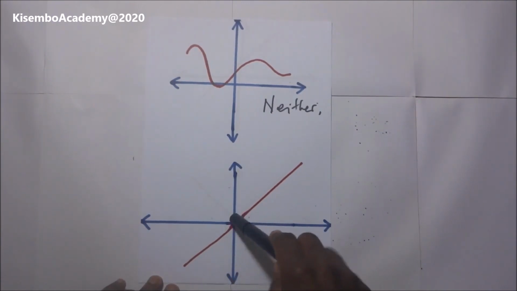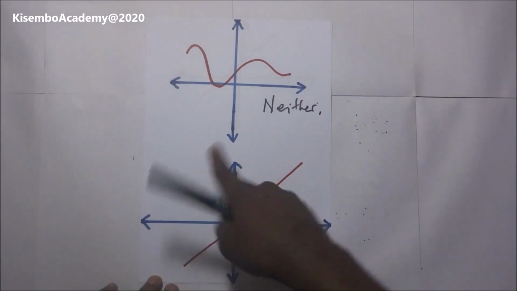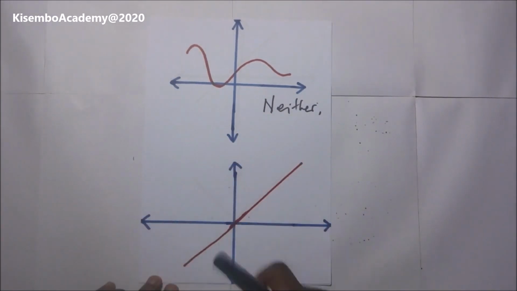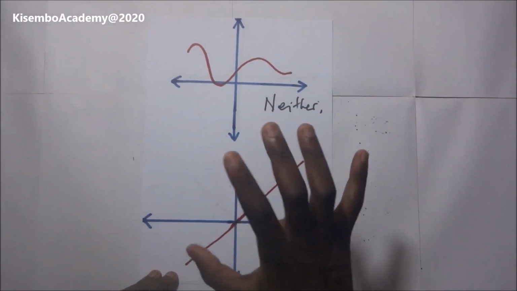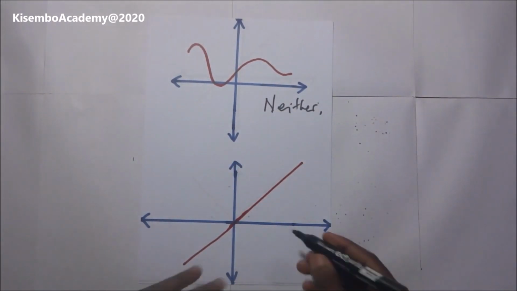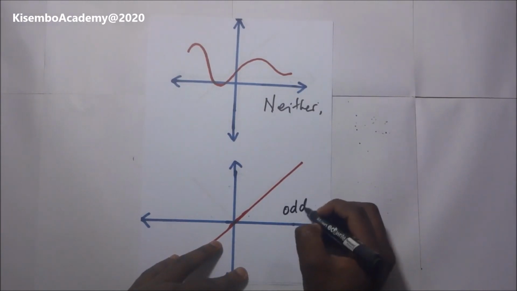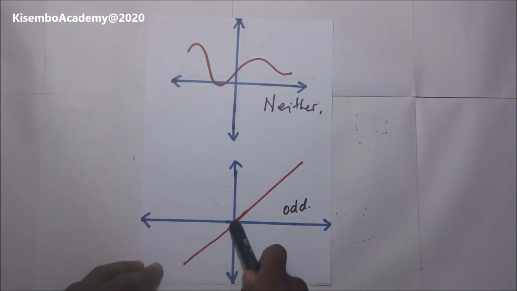In other words, if you turn this by 180 degrees, it would look exactly the same. So it means that this is an odd function, since it's having a rotational symmetry about the origin.